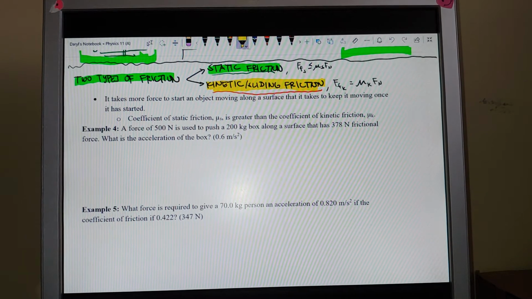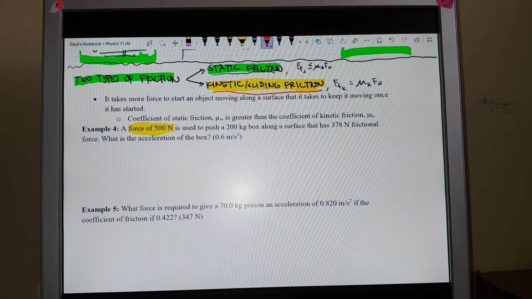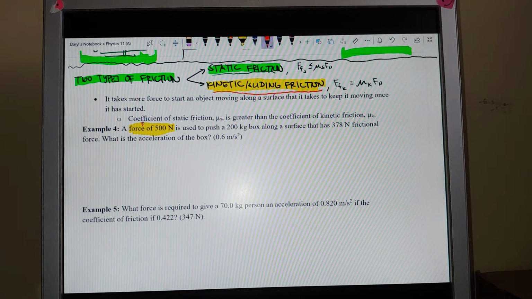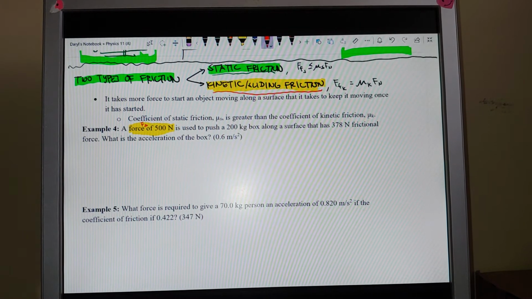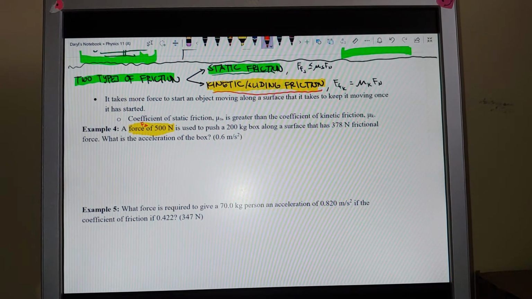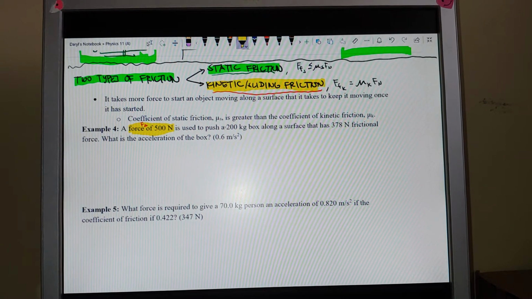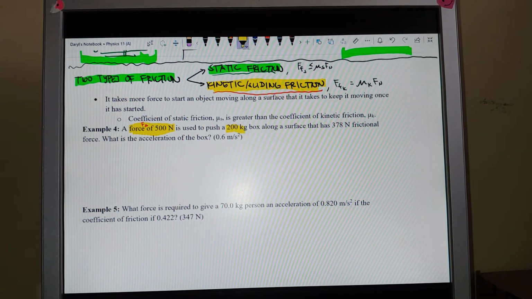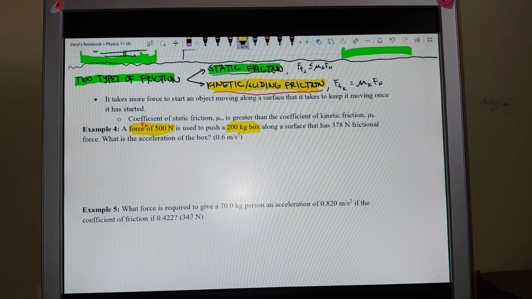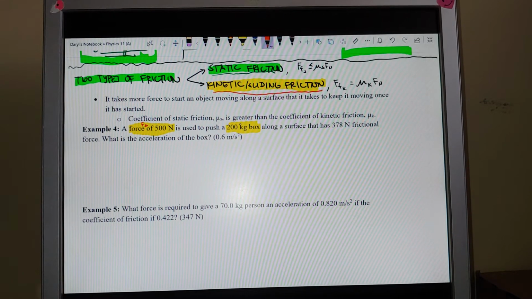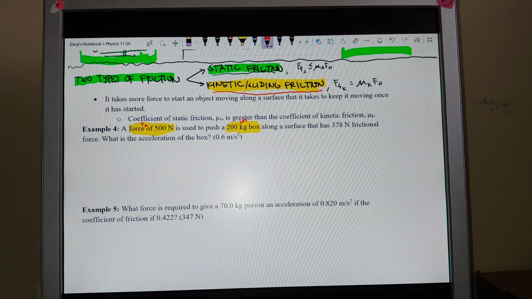Again, I'm just going to take note of the given quantities. This would be the applied force, so I'm going to call that my FA. I have a box that has a mass. Remember that this is a mass because of the unit of 200 kilograms.